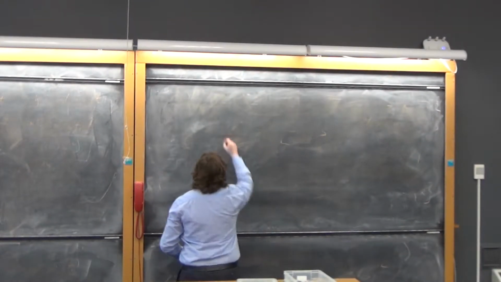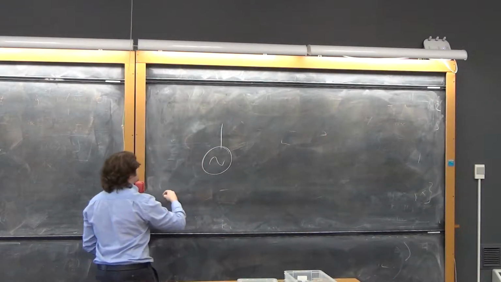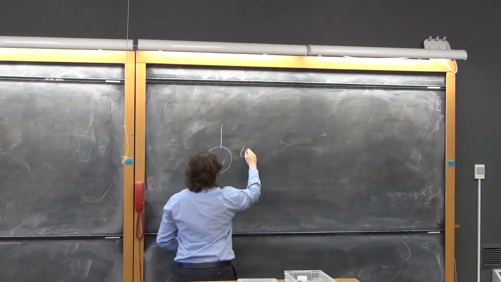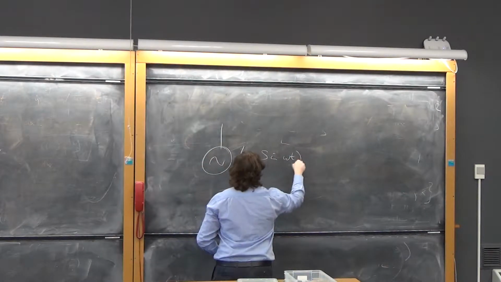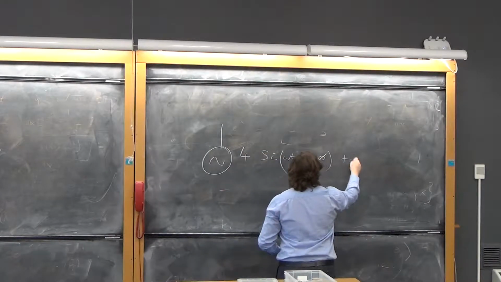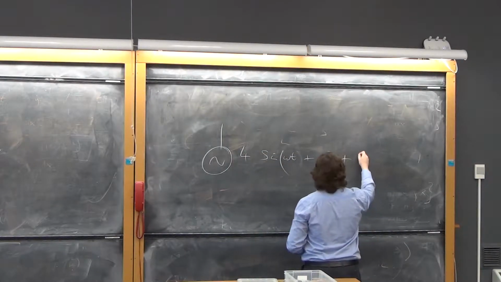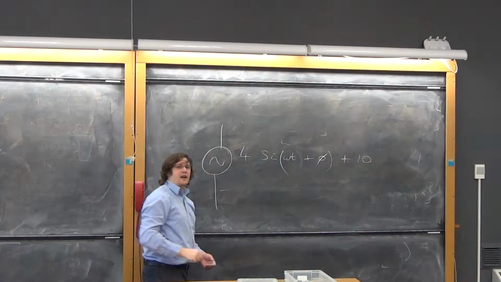If I had a voltage source like this, which was, say, I don't know, 4 sine omega t plus phi, plus 10. You'd be happy with that, yeah?